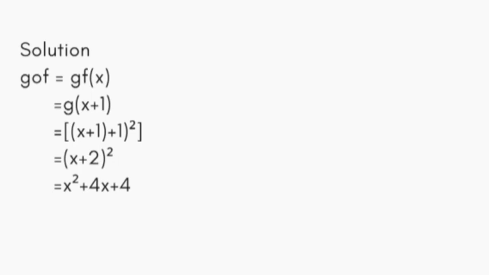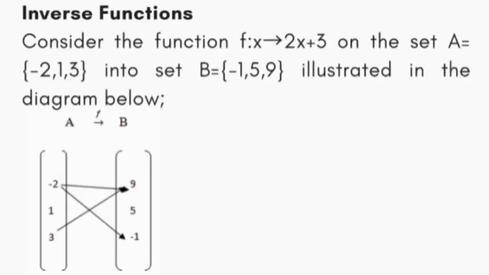Therefore, GF of x is equal to x plus 1 in brackets plus 1 all in brackets squared. Therefore, when we simplify that, we have x plus 2 all squared. And when we expand, we have x squared plus 4x plus 4. And that is the solution to that question.